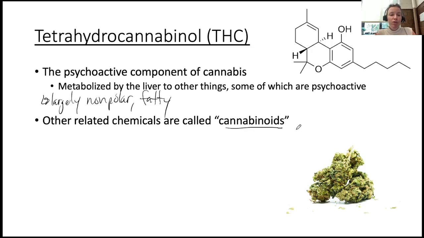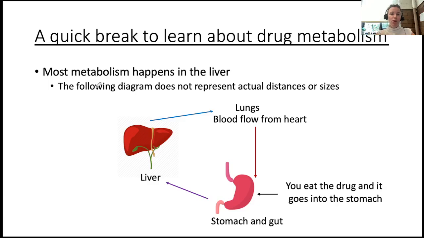But before we move too far into the science, folks, I want to talk a little bit about the metabolism of these drugs, since drug metabolism can be an important part for how drugs work. So, quick break in cannabis to talk about our liver.